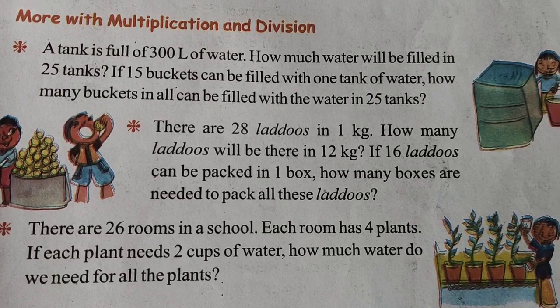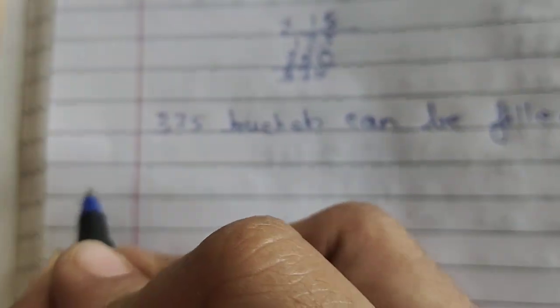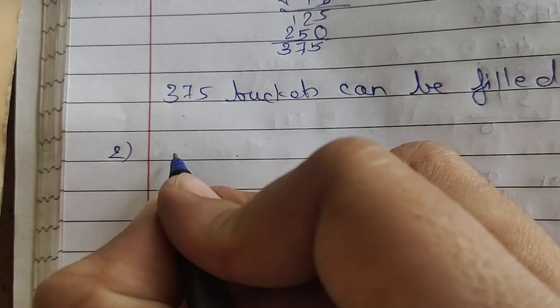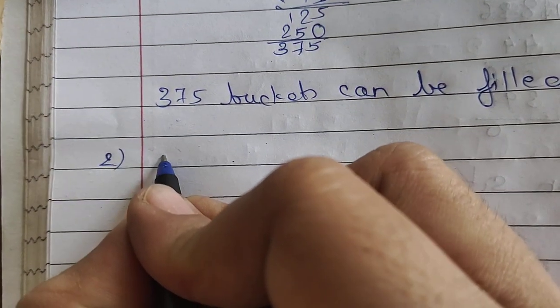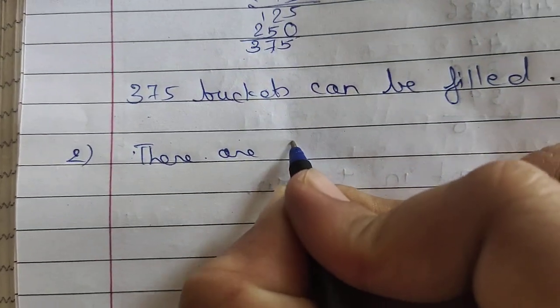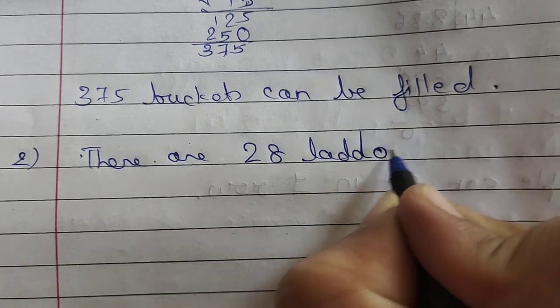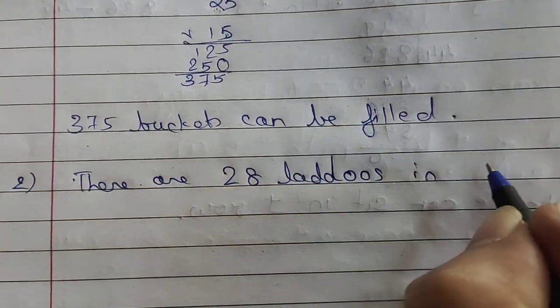Okay. Now let's see. There are 28 laddus in 1 kg.